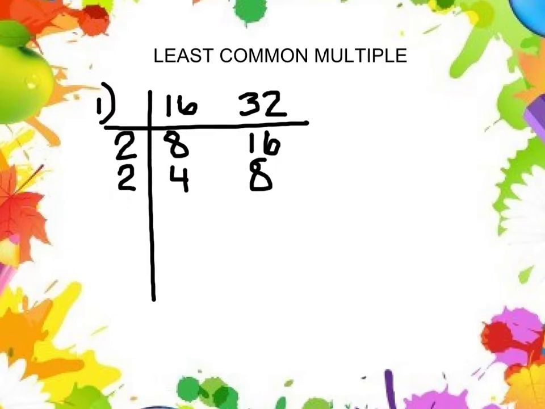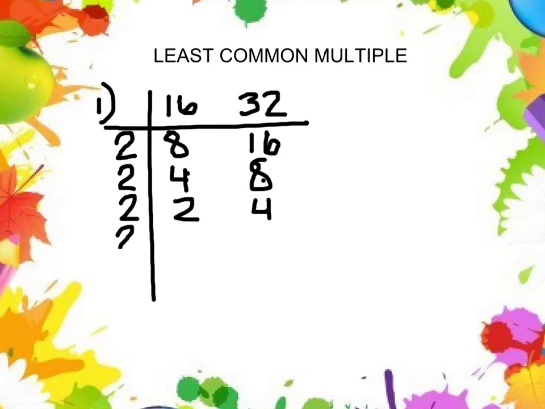Once again, let's break them up by 2. 4 divided by 2 is 2. 8 divided by 2 is 4.